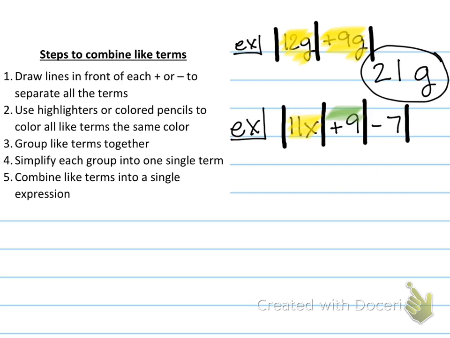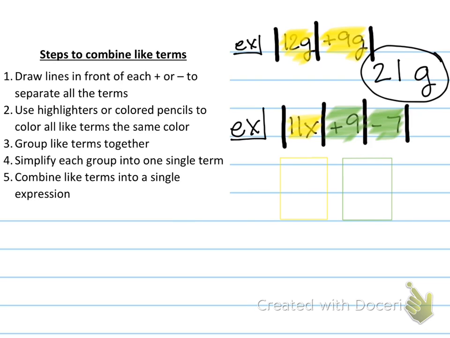And I highlight my 9. The like terms for 9 are just going to be regular numbers with no variables. So I see that this minus 7 is a like term because that is also just a regular number. It's also called a constant. So we have two constants, and then 11x has a variable. We have two different groups here.